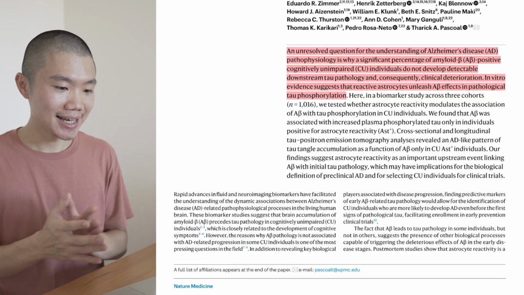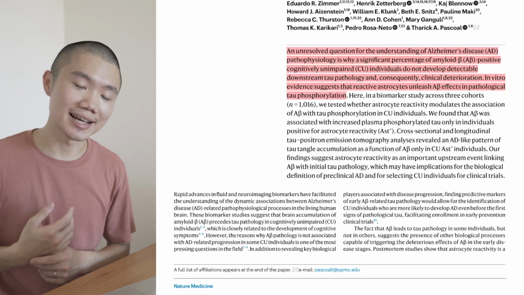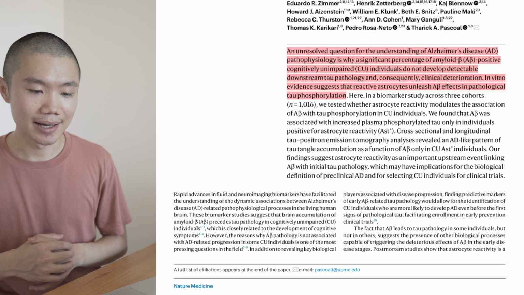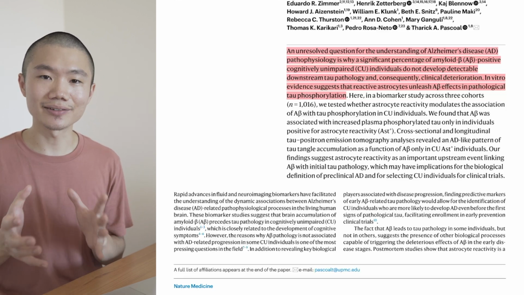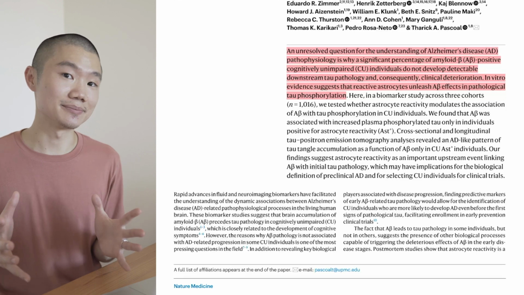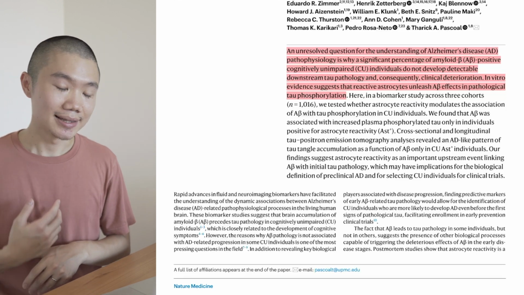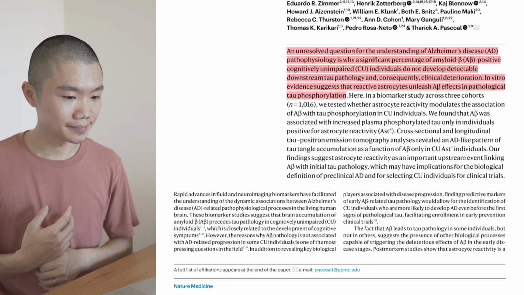In this case, it is that an abnormal protein called amyloid has been proposed to be the cause of Alzheimer's disease. However, it is very interesting to know that a lot of patients who are asymptomatic, which means that they do not have any memory impairments, do carry the abnormal protein called amyloid.